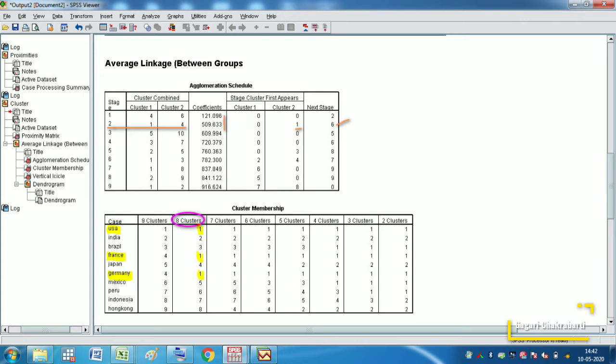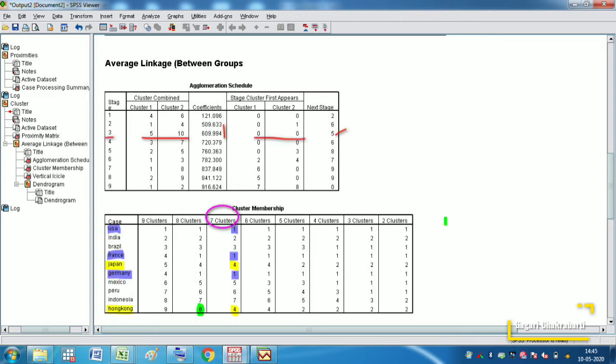Now, this cluster now formed will change in stage 6, where new members would join. Thus, in this stage we have 8 clusters. US, France and Germany, that is the US and the European markets, are in one cluster, while the 7 others are in 7 individual clusters.